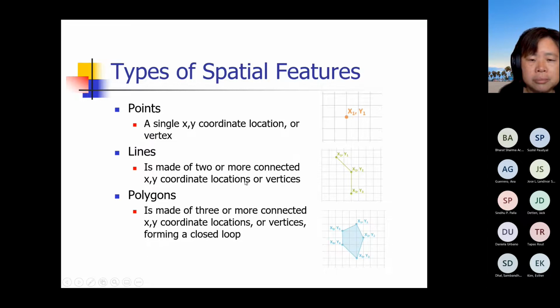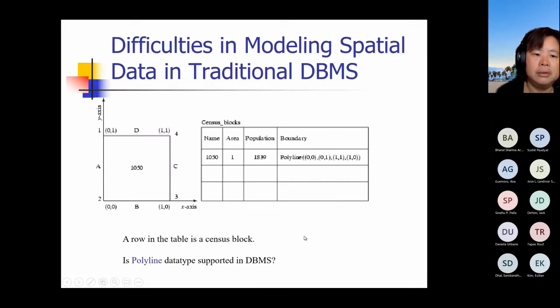So for the spatial query, which is the main job for the database that stores spatial data, we need to be able to store spatial features. Say, look at this example. Here we have, assume this is a polygon. This is a census block.